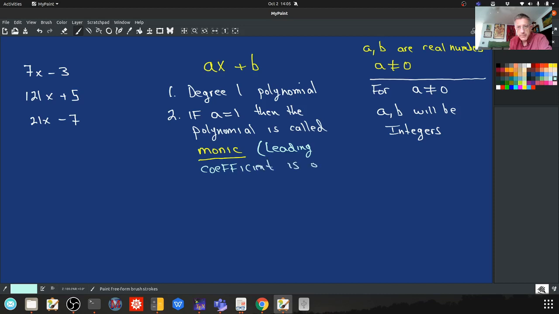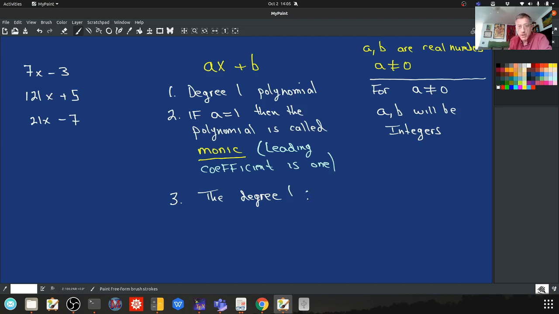And the third is the degree 1 polynomial. Sometimes these are called linear polynomials, and you should understand why. If instead of a there, I had an mx plus b, then you say, oh, that's one side of an equation for a line. So sometimes they're called linear polynomials.